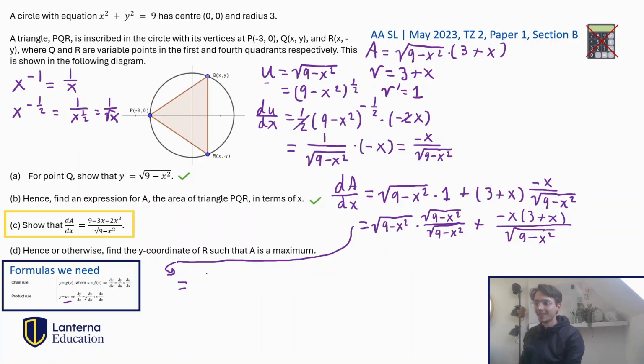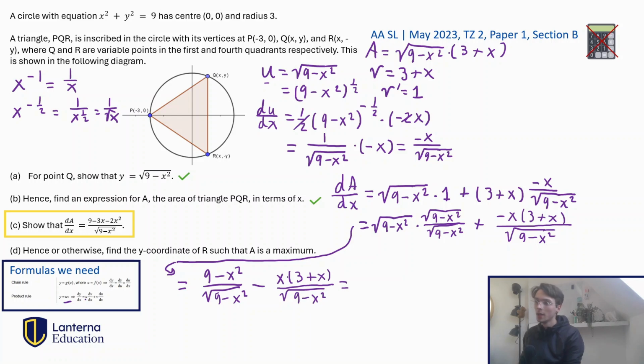So then we get 9 minus x squared divided by square root of 9 minus x squared. Okay, plus something negative, so I can just say minus maybe. And then I've got x times 3 plus x divided by the square root of 9 minus x squared.